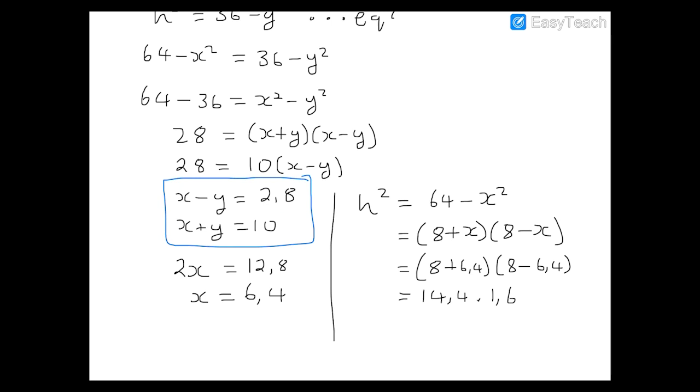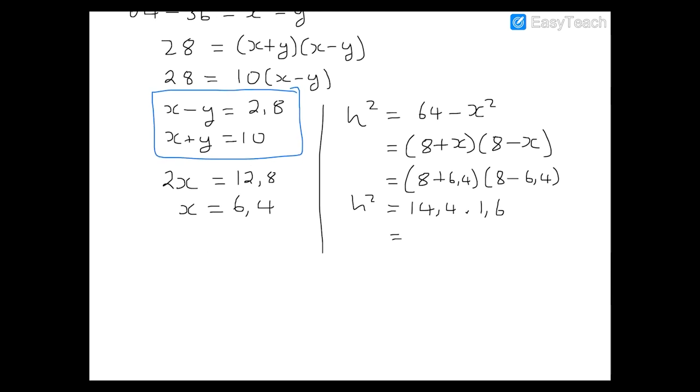Remember this is all equal to h squared. And this I can simplify further into 144 over 10 multiplied by 16 over 10, which is 144 times 16 over 100.